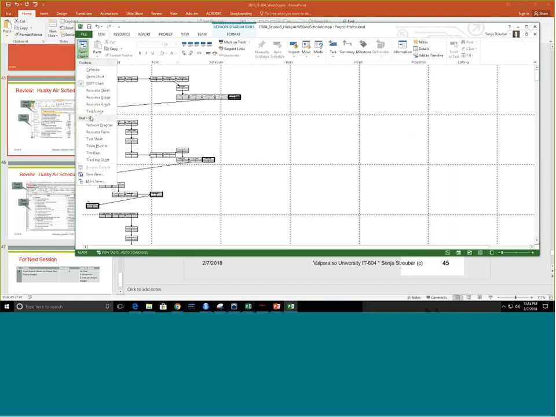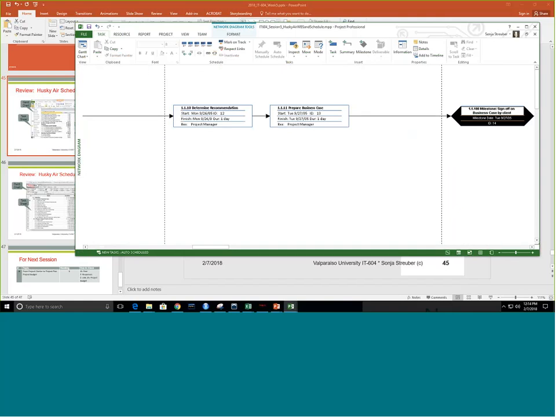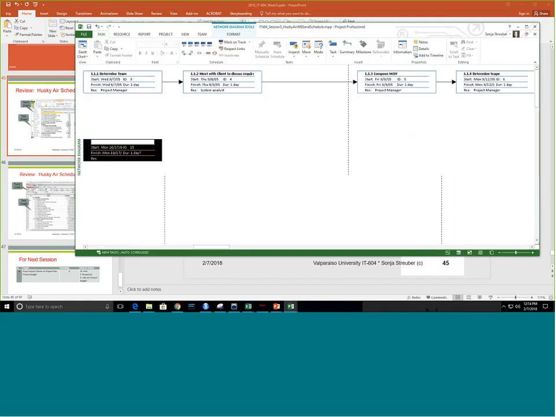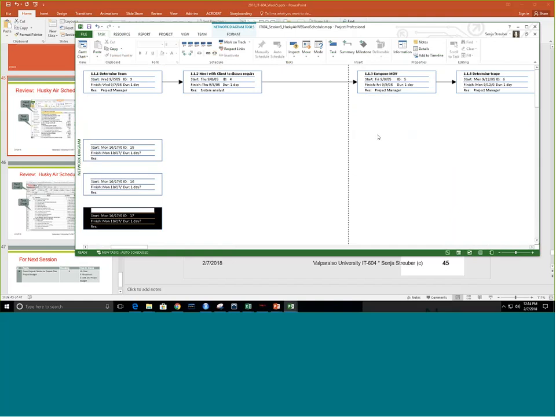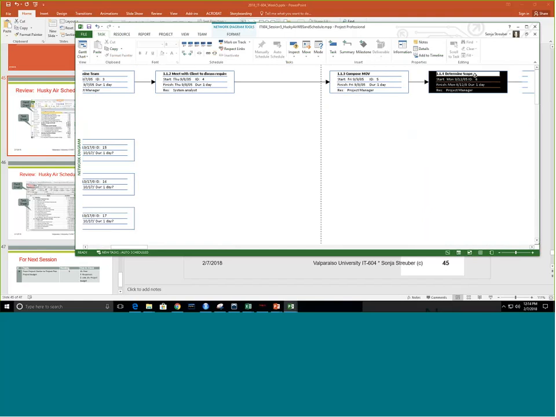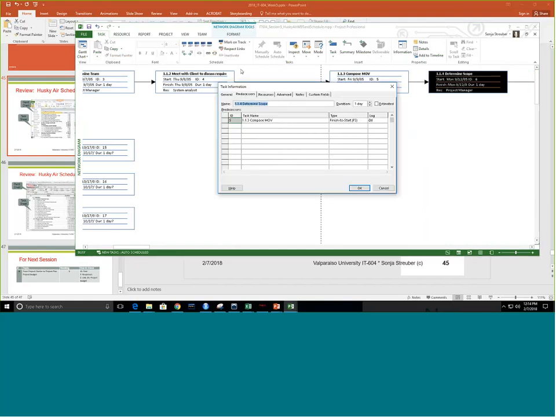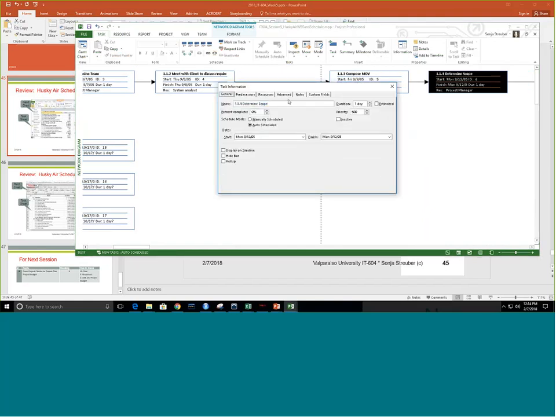However, we also have, and I want to show you this, the network diagram. Remember the network diagram, right? So here we can see specifically start, finish of each task, and then we can also see here notes as we click on the tasks.